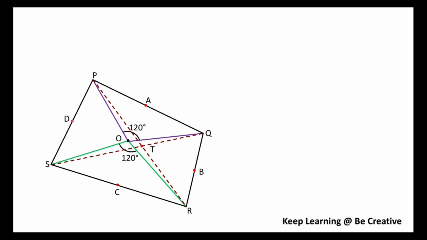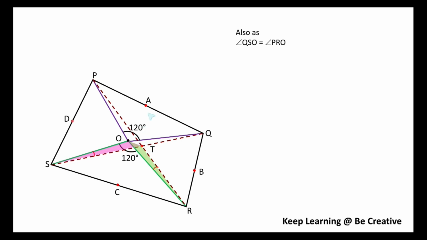If you remember, we had these two angles as 120 degrees. Also we had angle QSO equals angle PRO. Now how is this going to help us? Try to understand. From points O and T, we have angle TRO and angle TSO equal.